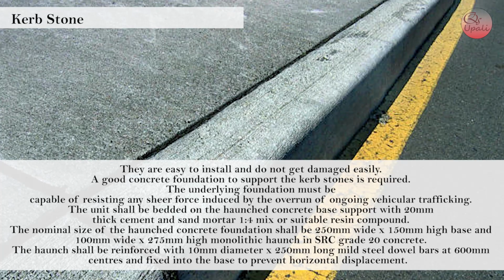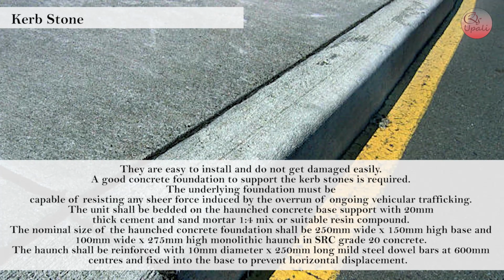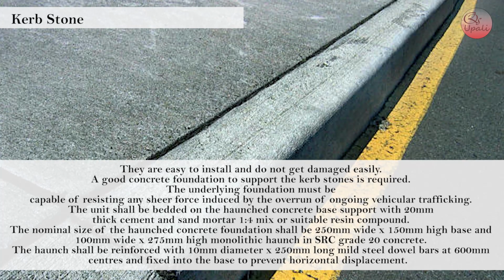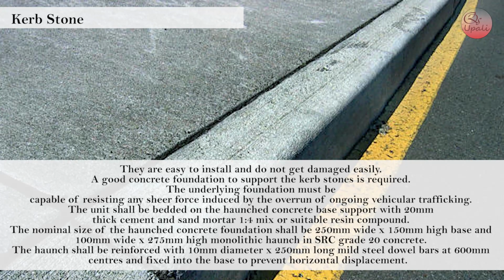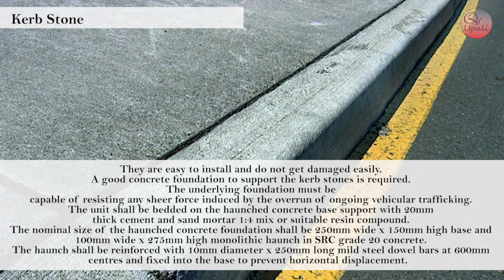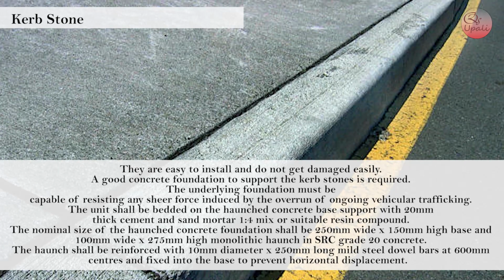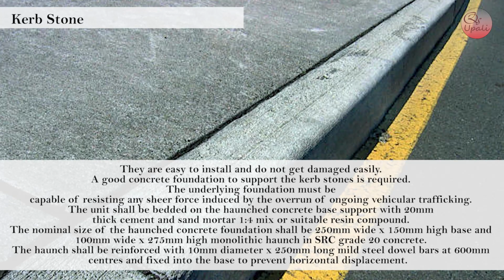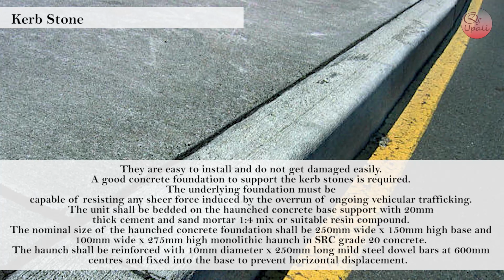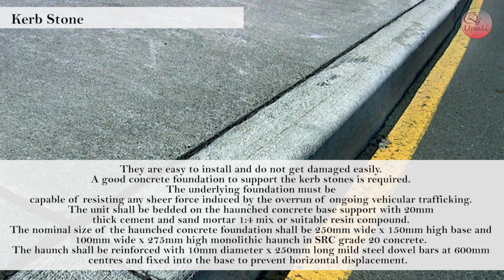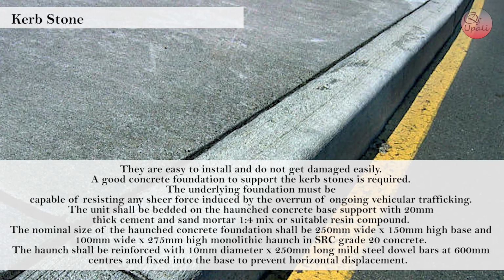The unit shall be bedded on the haunch concrete base support with 20 mm cement and sand mortar 1:4 mix or suitable racing compound. The nominal size of the haunch concrete foundation shall be 250 mm wide by 150 mm high base and 100 mm wide by 275 mm high monolithic haunch in SRC grade 20 concrete.